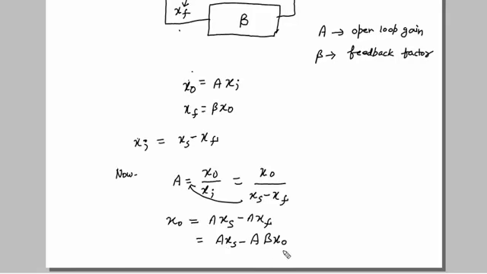Now we can see if I take this x naught to this side and take x naught common, we'll get 1 plus A beta. So we'll get x naught times 1 plus A beta equals to A xs.